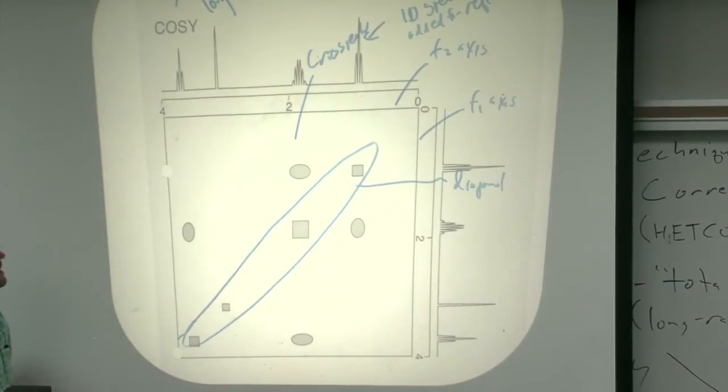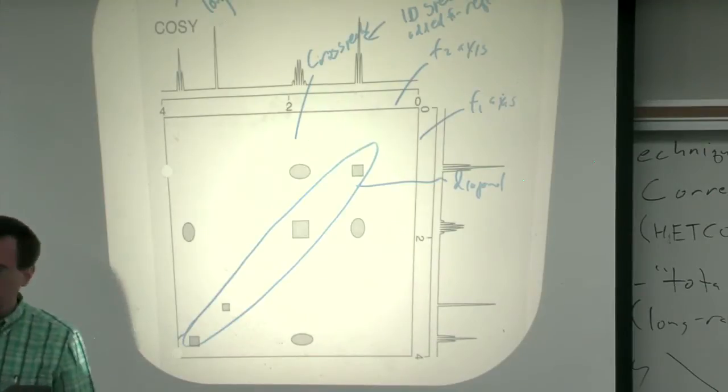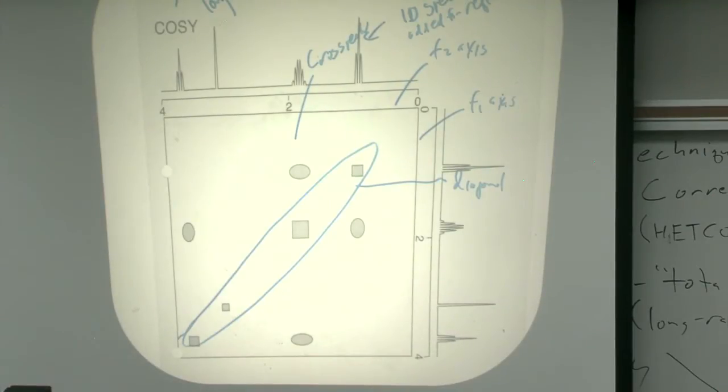And what I always like to do in naming my spectra, and we'll be doing this as a convention in class, is we'll identify all of the peaks in the 1D spectra and we'll letter them starting at the left of the spectrum.